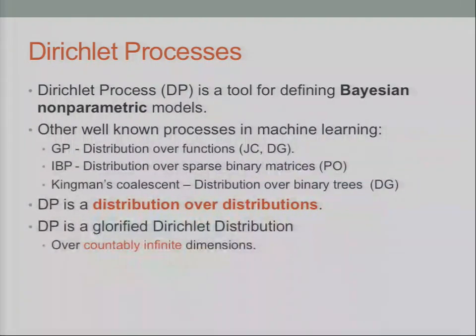The typical thing to do in a Bayesian parametric setting would be to have a bunch of parameters for your model, and then represent the uncertainty about the value of those parameters in terms of some parametric distribution, let's say a Gaussian distribution, with some mean and some covariance, and you would try to get the posterior of that Gaussian when you do inference.